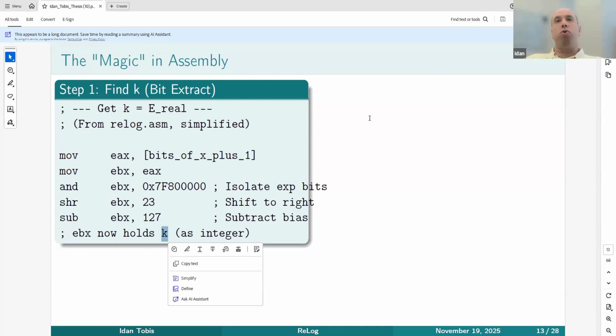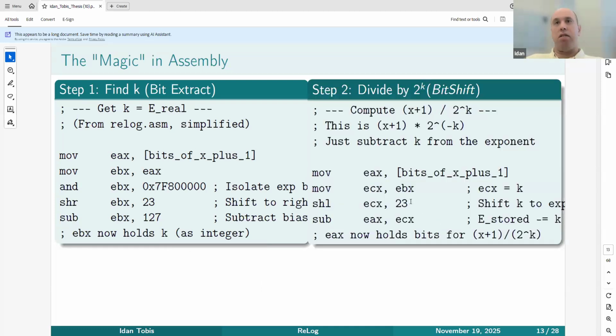Now we're doing the second step where we shift k back 23 times, and we just subtract k from the original number. So basically that gives us 2 to the power of minus k. Okay.